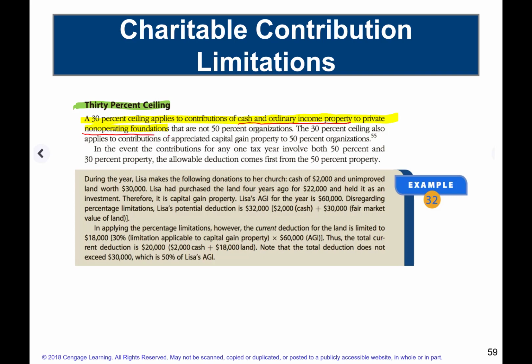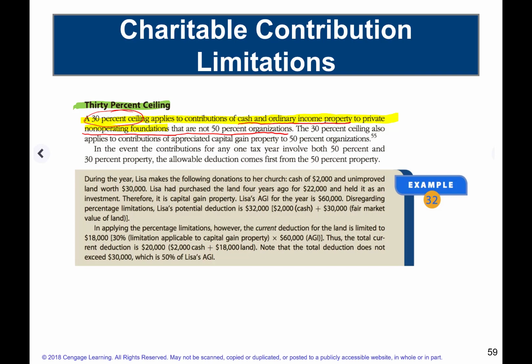If it's a non-operating foundation, in other words, one that hasn't qualified for the 50% category, then they're limited to 30% of AGI. Now, again, they're telling us there could be some non-operating foundation that in some weird circumstance qualifies as a 50%.